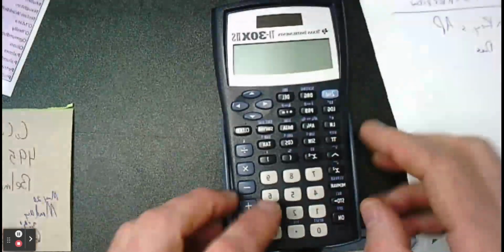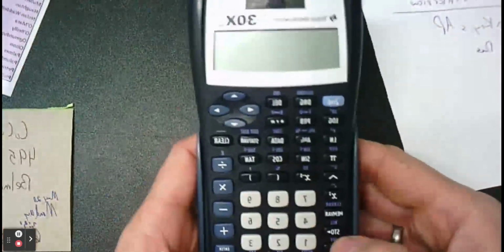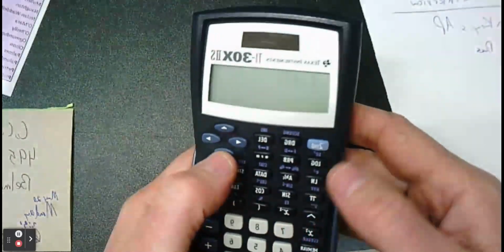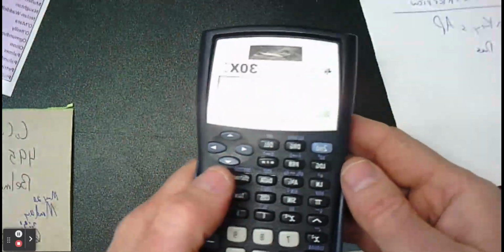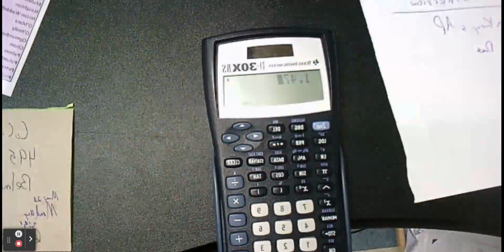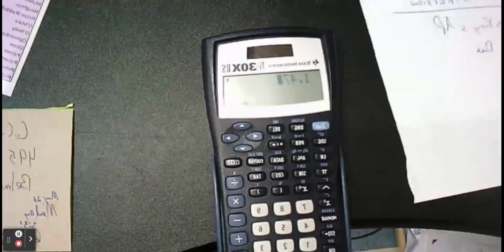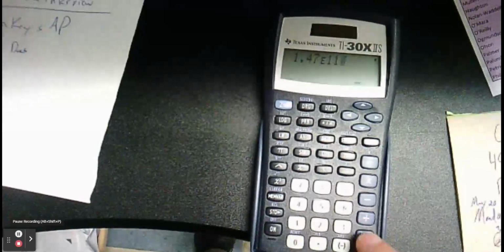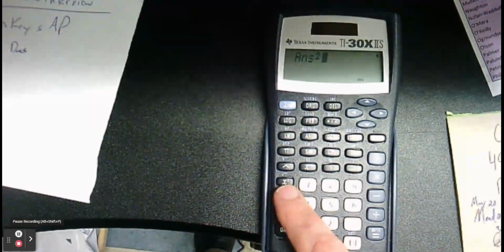Okay, so that's going to be 1.47, second, e to the 11th, enter. Then I square it. That's the square button, e squared.